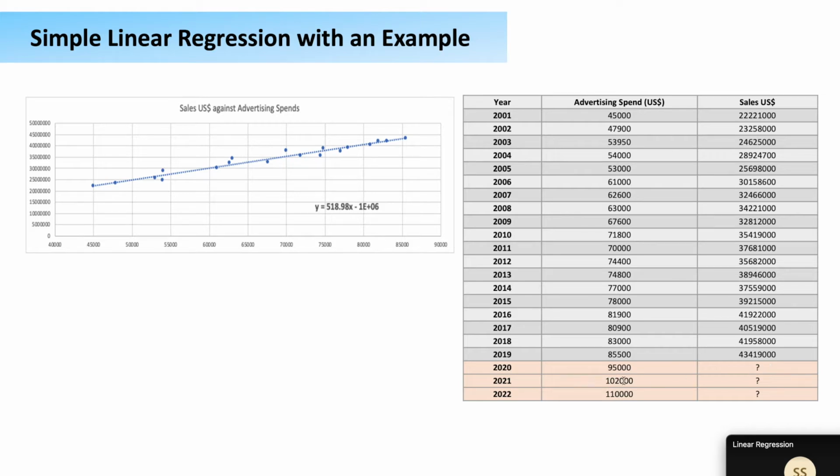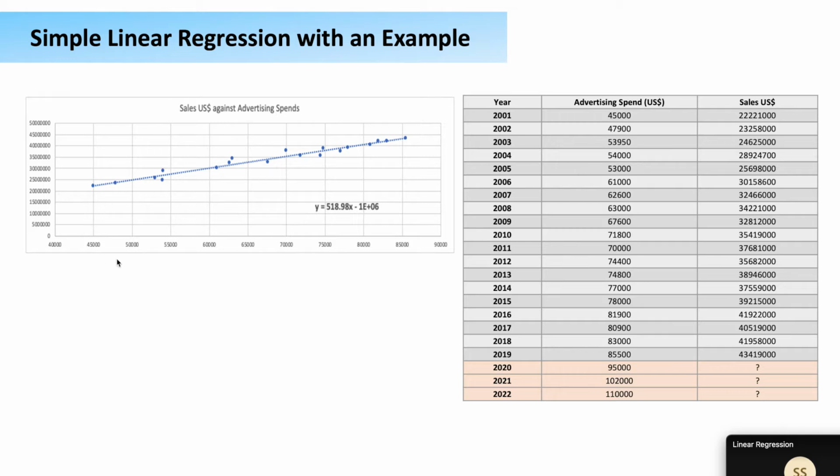In 2021, if we spend $102,000, what is the approximate amount of sales that we can expect? And that will come through the relationship our machine learning algorithm or linear regression algorithm is going to learn from this historical data. Okay, and it is going to come up with an approximate linear equation, and that is what we have got here.